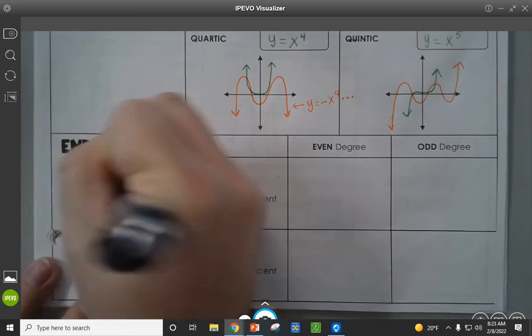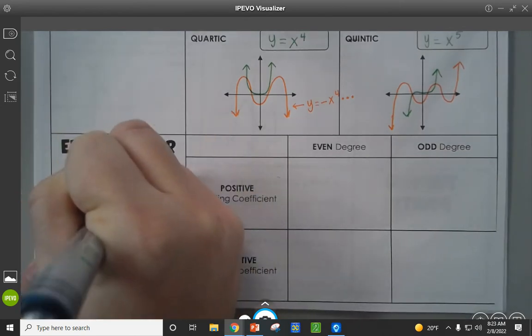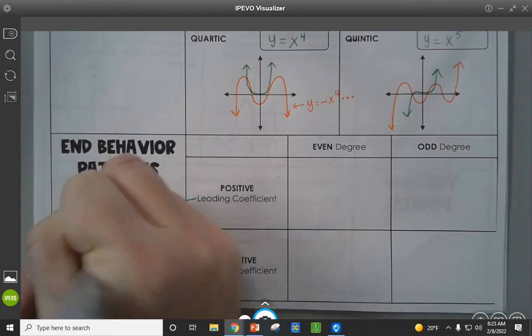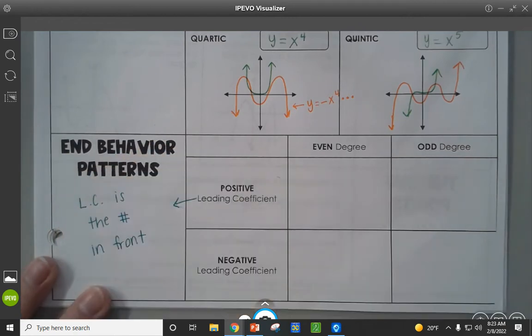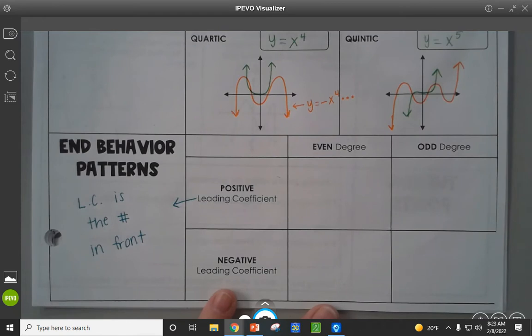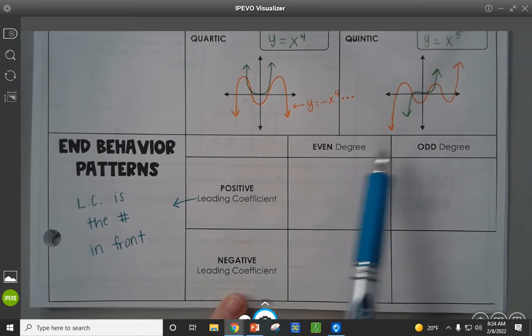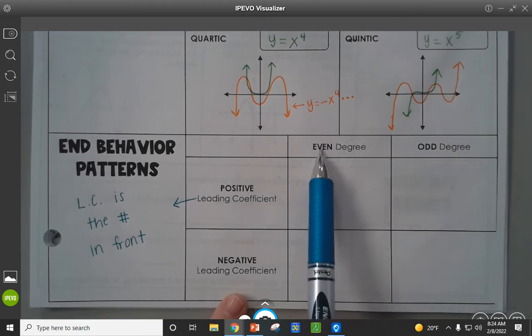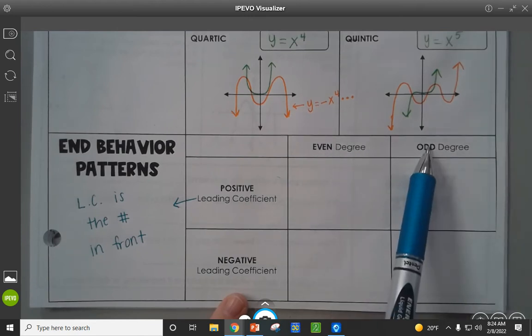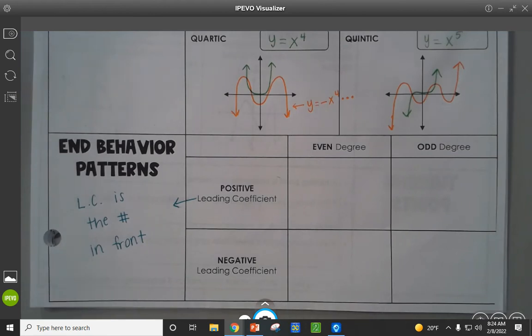The leading coefficient is the number in the front. So we're looking at the number in the front and whether that's positive or negative. And then we also look at the degree and determine if it's even or odd. And that tells us our end behavior.